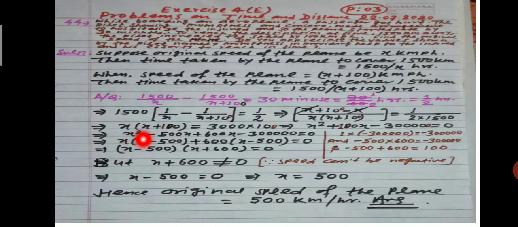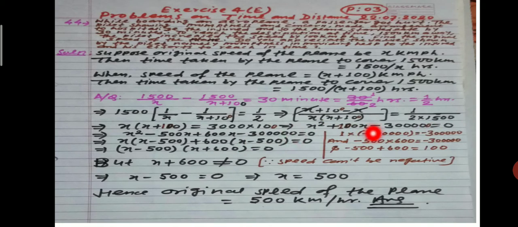This implies that x square minus 500x plus 600x minus 3 lakh is equal to 0. As we have factorized here, minus 1 into minus 3 lakh will be minus 3 lakh, and minus 500 into 600 will also be equal to minus 3 lakh, and minus 500 plus 600 is equal to 100, which is equal to the coefficient of x here.